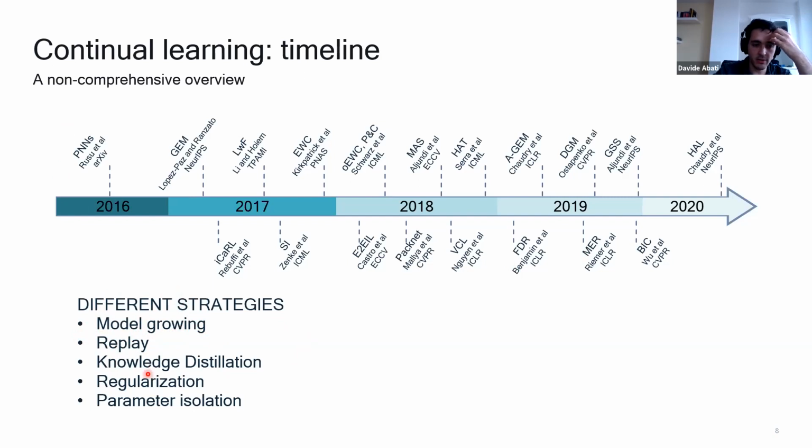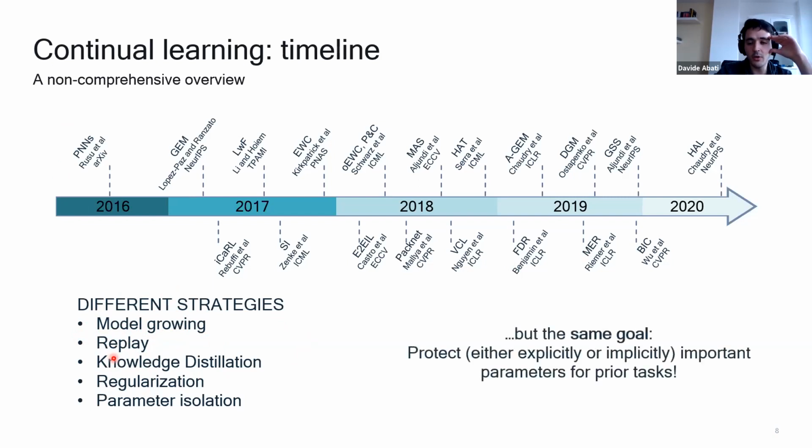This is completely my nomenclature, just for the purpose of this talk. But they all share the same goal, which is to avoid forgetting by protecting important parameters for prior tasks. This can be achieved in many different ways, but they all aim for that.